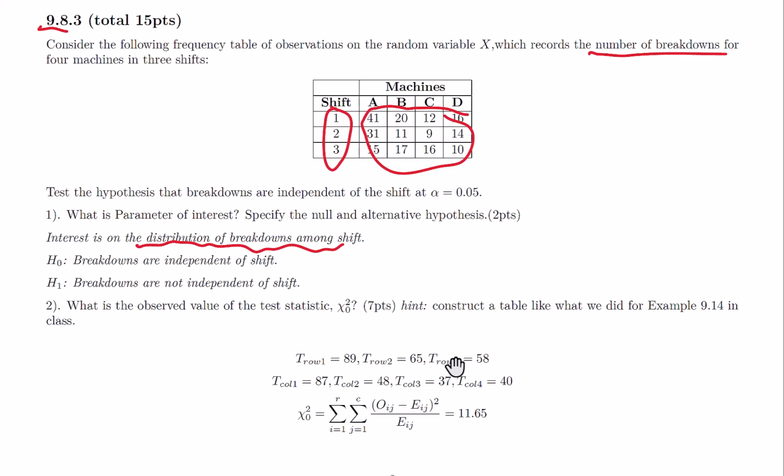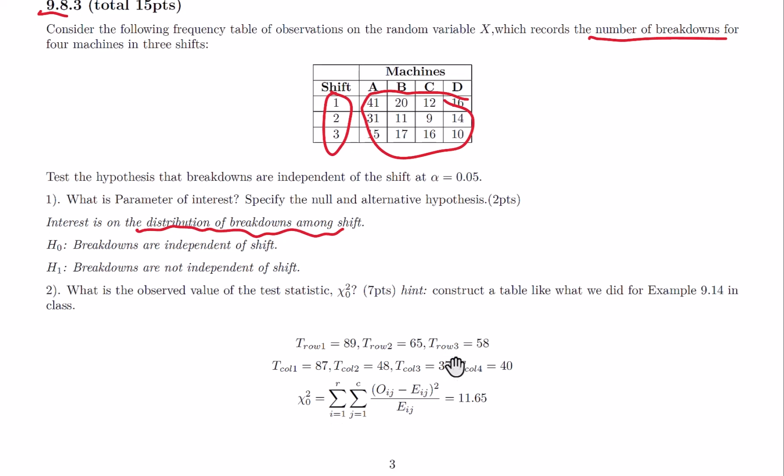Then, based on this table, we could specify the observed values. So yes, we could make a table, right? We put a total here, row total, and also a total here as a column total. That's how we have those totals: row 1, row 2, right?